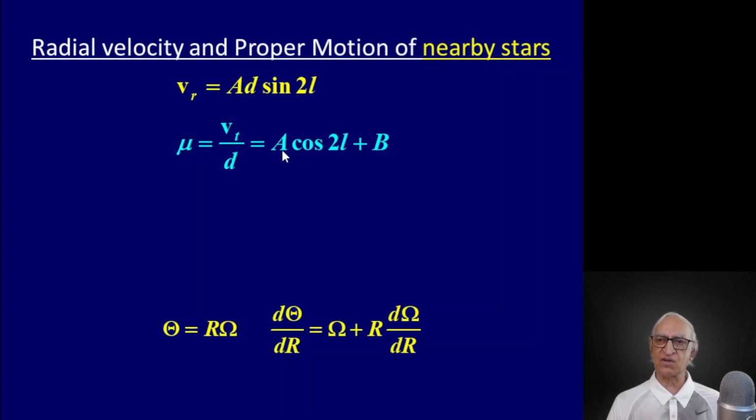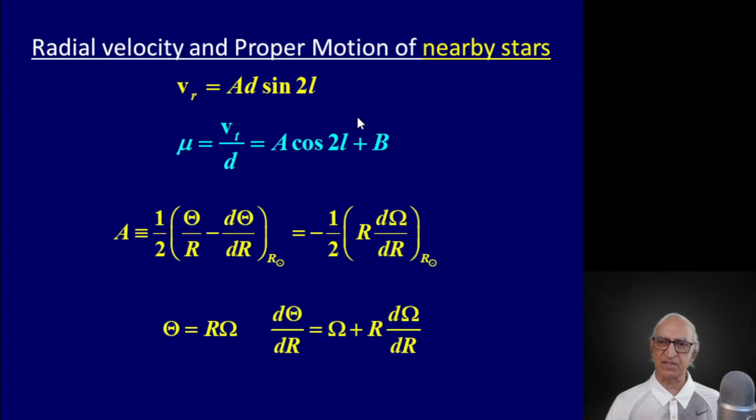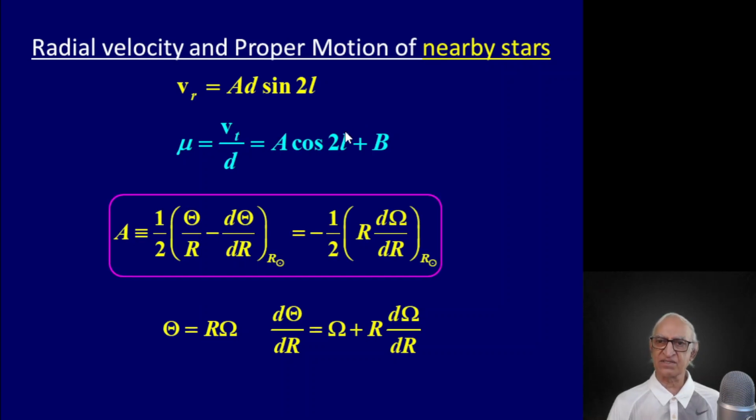So if we know the constants A and B, then we can derive the radial velocity of nearby stars as well as the transverse velocity. What are these constants A and B? A is defined as 1/2 of theta over r minus d theta by dr evaluated at the solar neighborhood, minus 1/2 of r d omega dr evaluated at the solar neighborhood.